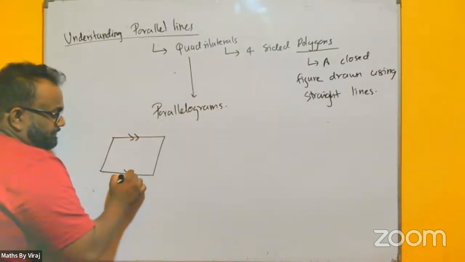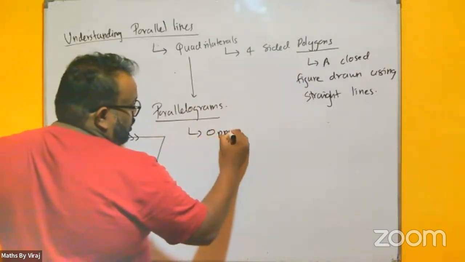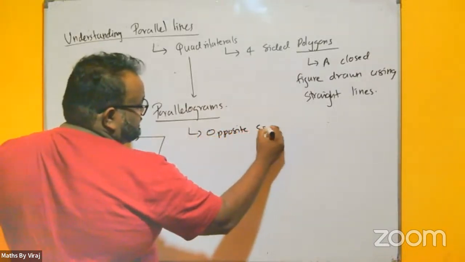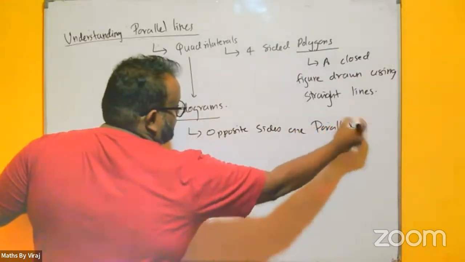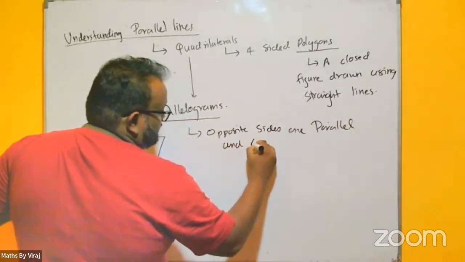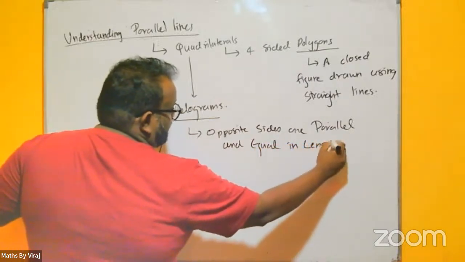We know that for a parallelogram, opposite sides are parallel and equal in length.